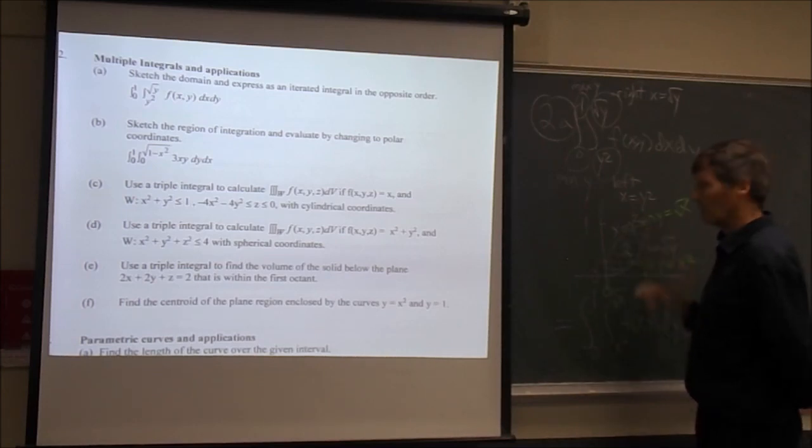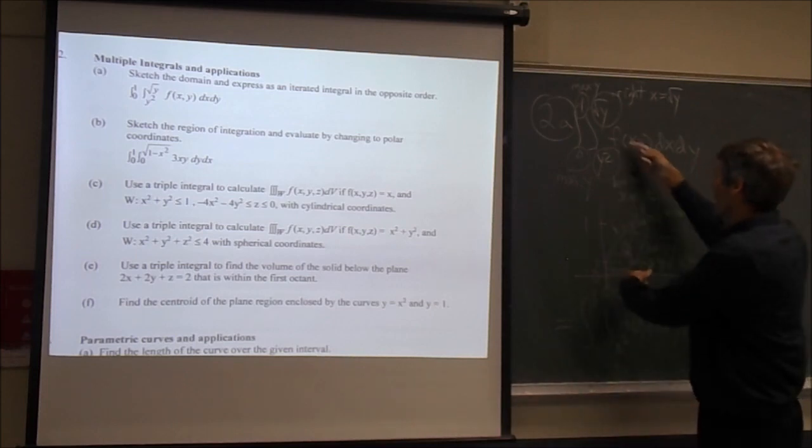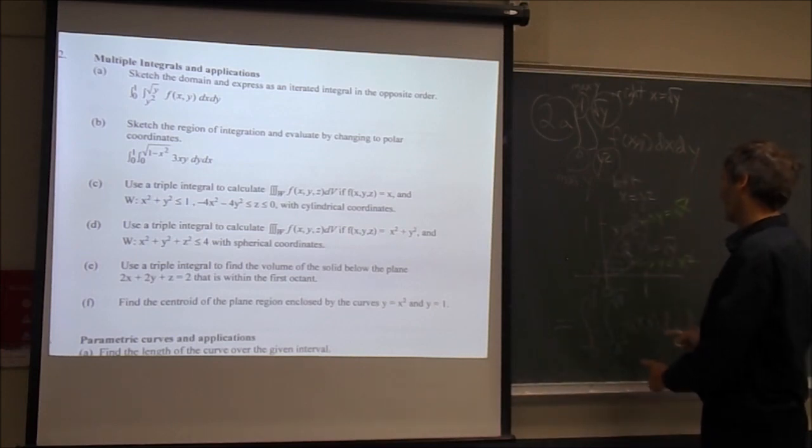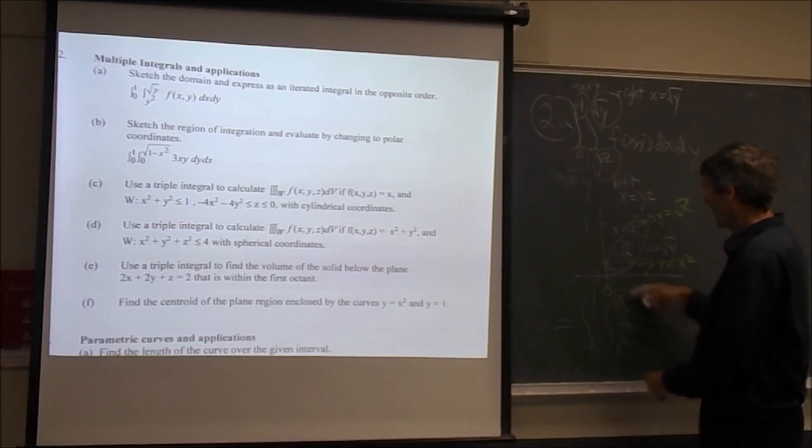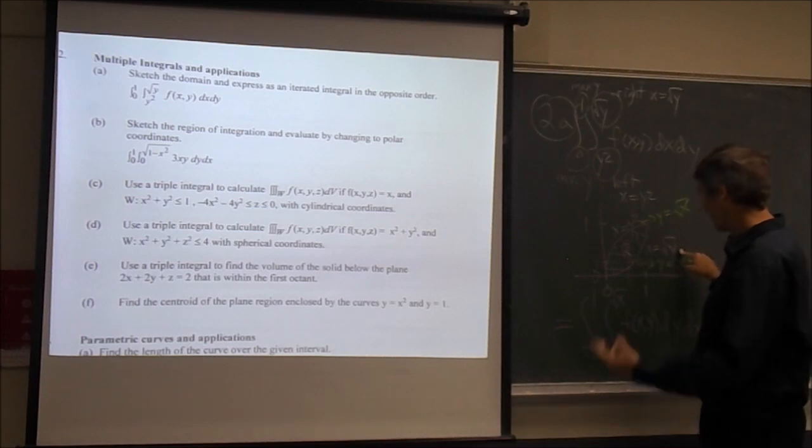Now, once you've sketched this, in this horizontally simple form, you can try and write it in a vertically simple form. x goes from a min to a max. Well, since these intersect at x equals 1, x goes from 0 to 1. And then I want to go from a bottom curve to a top curve, so now I draw the line here. On the bottom is this one, which is x equals square root y. But now I have to write y as a function of x, so I square both sides and find y equals x squared.